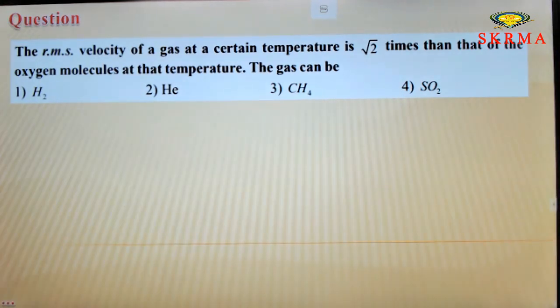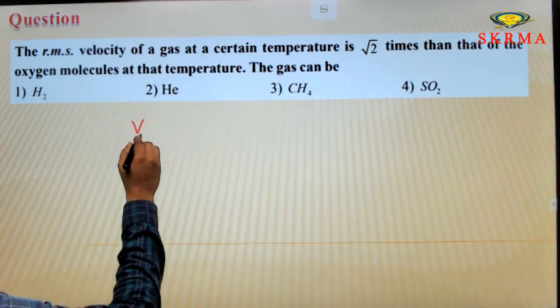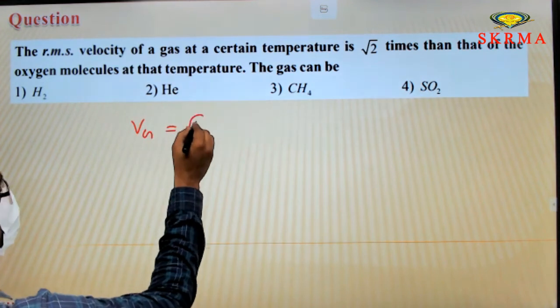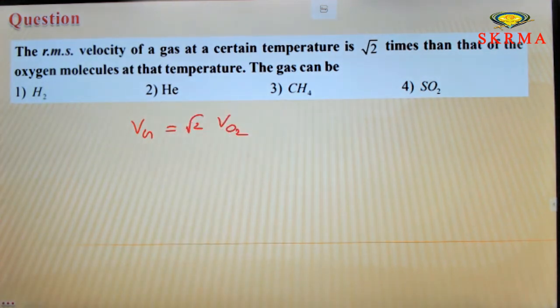The RMS velocity of a gas at a certain temperature is root 2 times that of the oxygen molecule at the same temperature. So temperature is constant. Then what is the gas? So V RMS of one gas is equal to root 2 times the V RMS of oxygen. That is given.